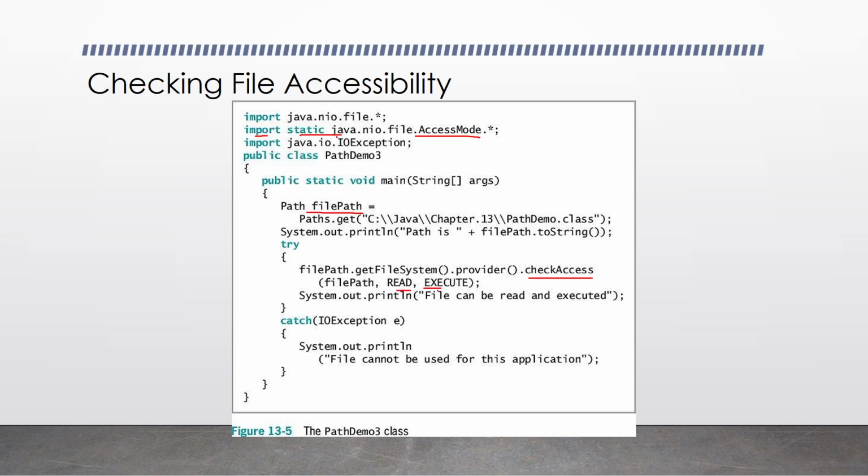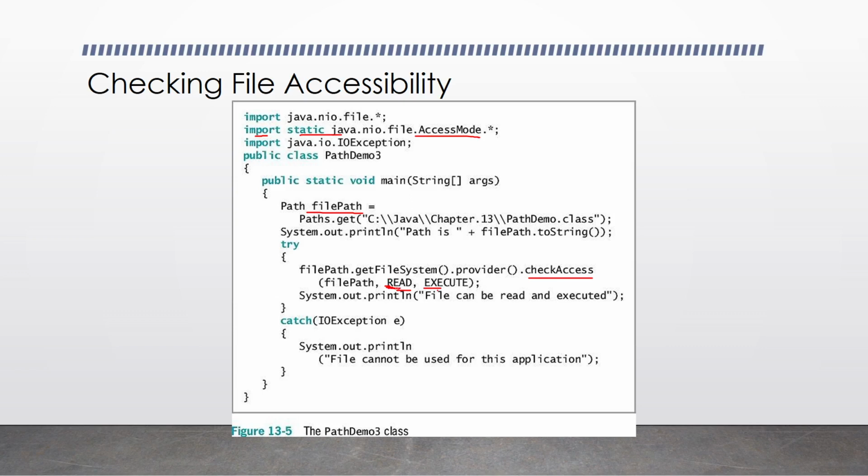So for example, if you remove the static from the import statement for this Java file access mode, you must refer to the READ constant by its full name as AccessMode.READ. Okay? So instead of READ directly, using this AccessMode.READ. So when you use static, you can refer to it just using the READ argument.